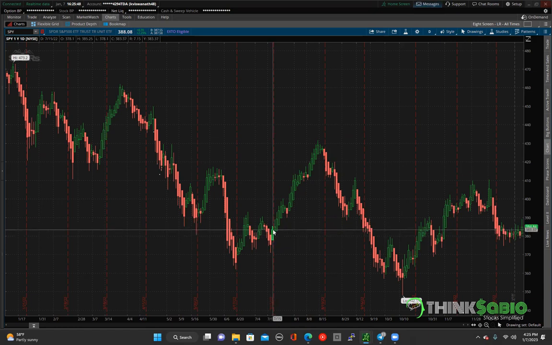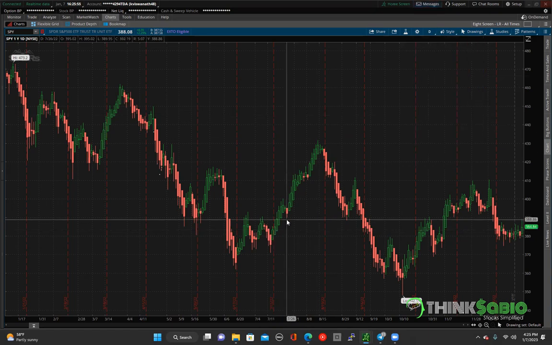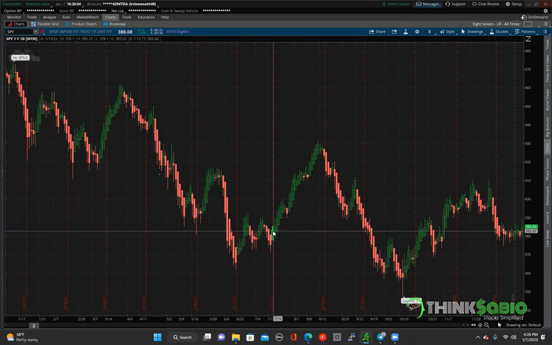It's a different chart type, and the price you see on the Heikin-Ashi may or may not be the same as the actual price of the security, because it averages out.